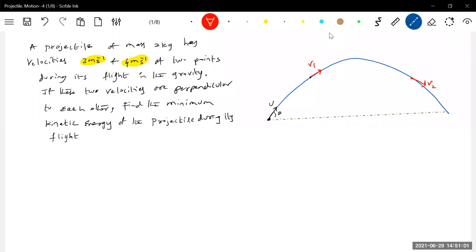So here it will be. I'll bring some other place. This one.